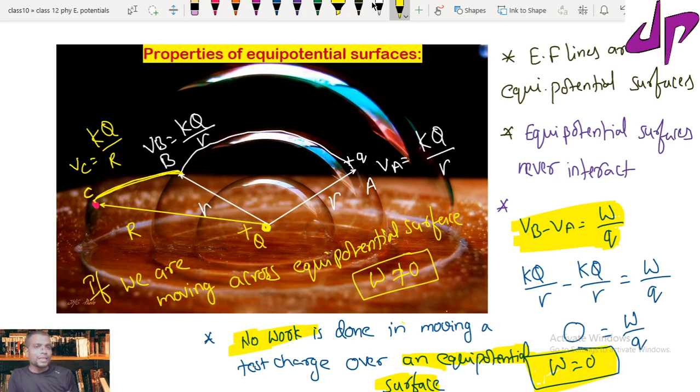So try to get the meaning of work done equal to 0 over the equipotential surface, and work done is not equal to 0 when we are moving across. So when we are coming from high point to low point or one point to another point, the work done is not equal to 0. So these are the properties of equipotential surface.